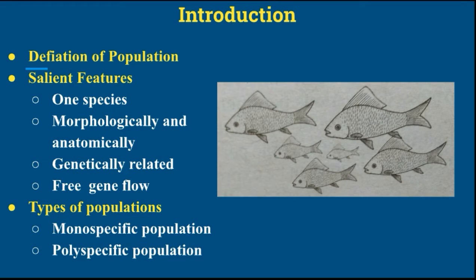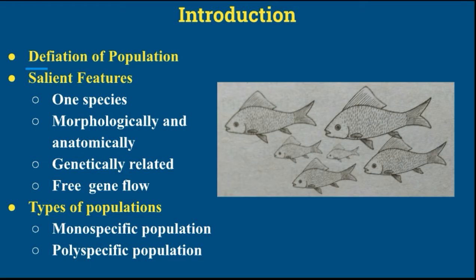Another, the second one, is that individuals are morphologically and anatomically similar. You have seen here in the photographs, there are fishes, and morphologically, in all types of fishes, the body parts are similar. There is the dorsal fin, anal fin, caudal fin, as well as the eyes and the mouth position.